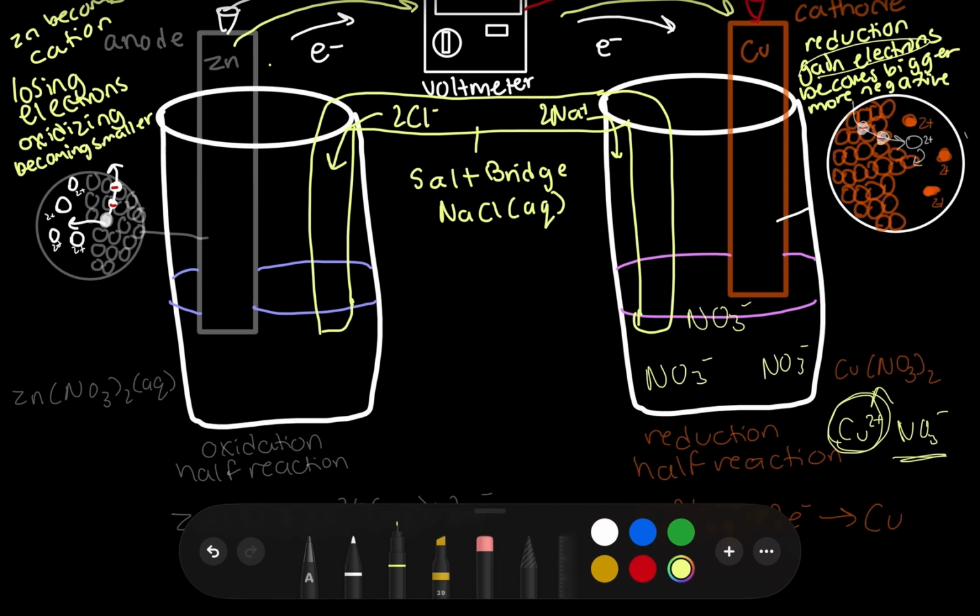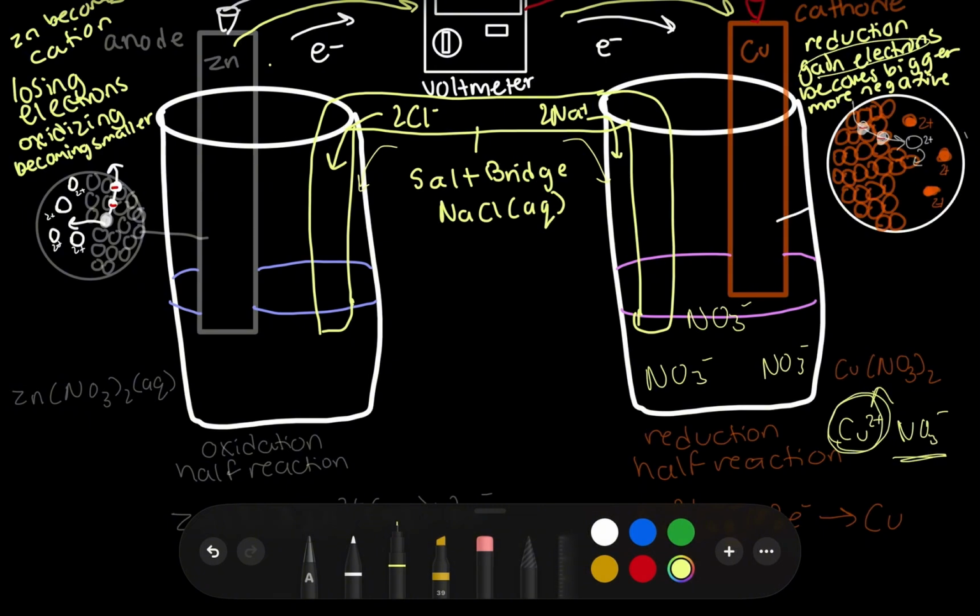So because the positive copper cation is being removed, we're getting an excess of negativity. It's becoming too negative. So that's when the salt bridge comes in and it adds ions to balance it out. The anions, which are negative ions, are going to flow towards the anode, which is here, and the cations are going to move towards the cathode, which is copper.